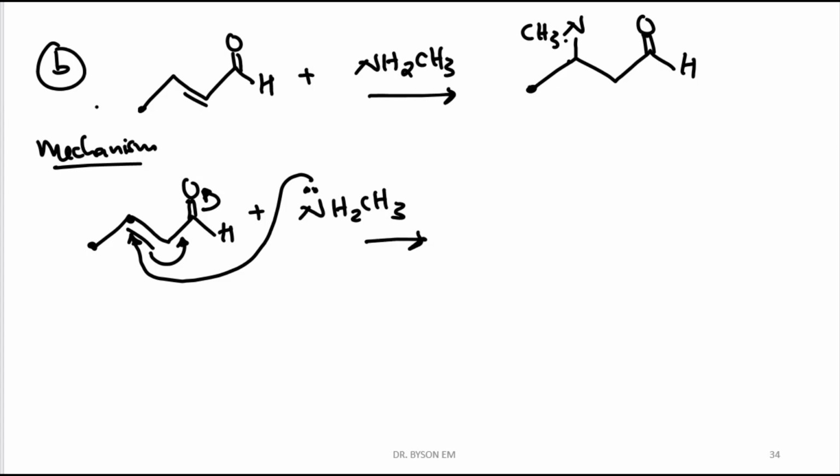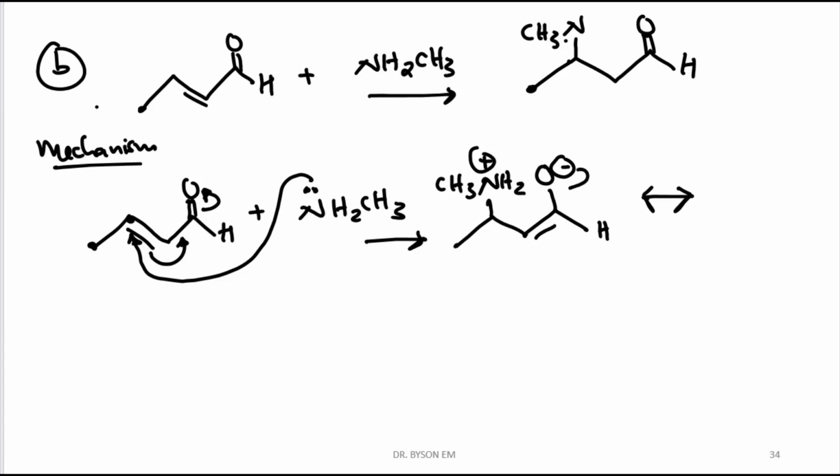So what you form is this: oxygen double bond, and this carbon will now have two hydrogens and the CH3, so it will be positively charged. You can form a resonance structure where these collapse here and come onto that carbon, so you can have that as a resonance structure.